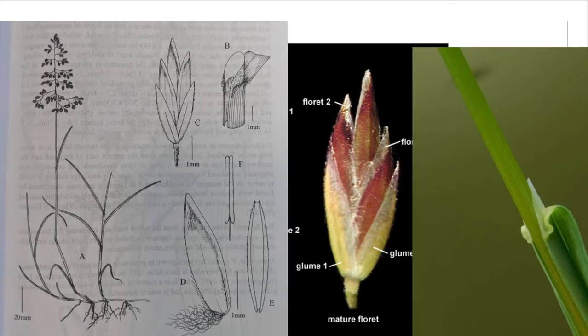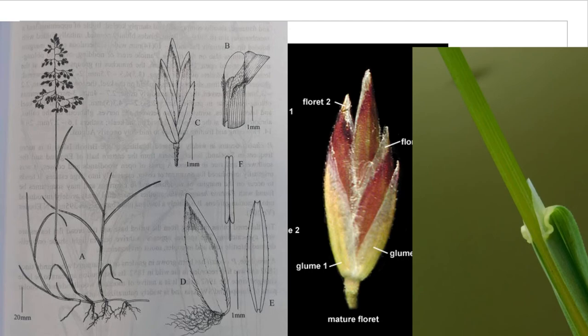Moving on to this mystery grass. So the blades are flat, while the junction with the sheath is hairy. The membrane is also hairy and it's quite tall, and the sheath near the auricle is hairy.